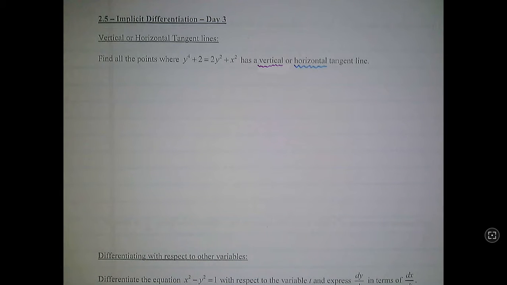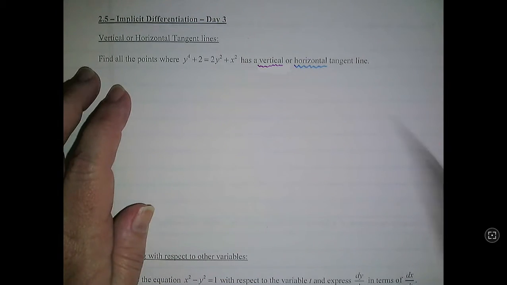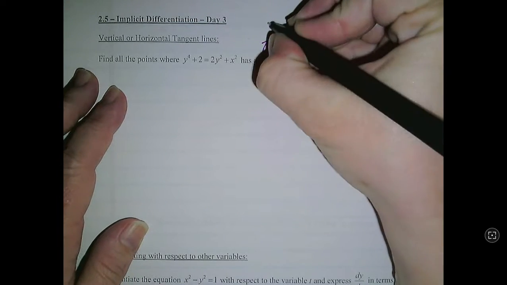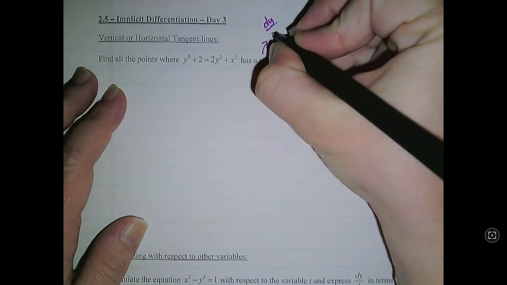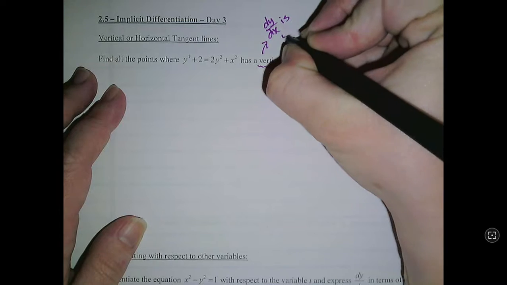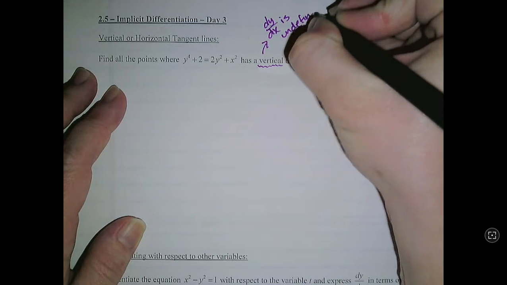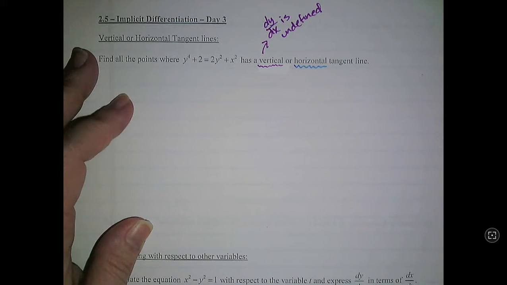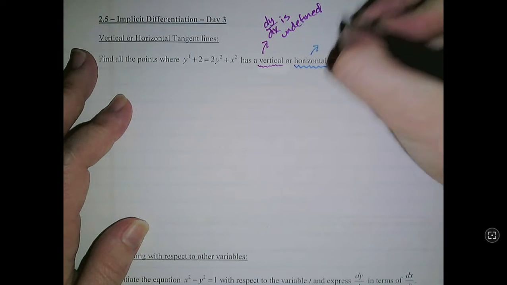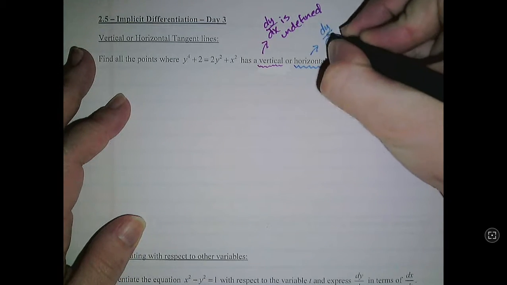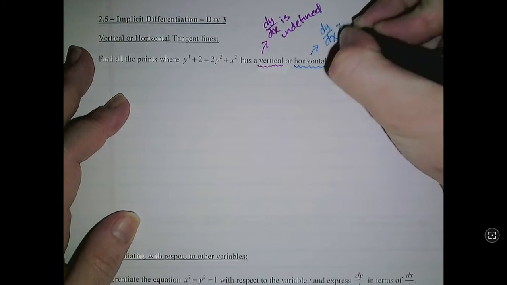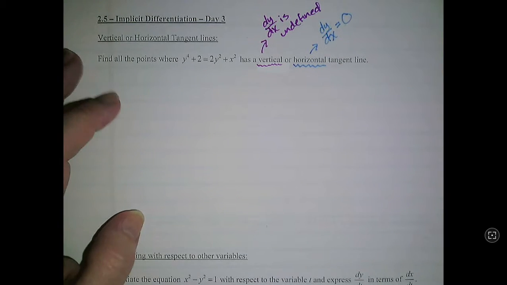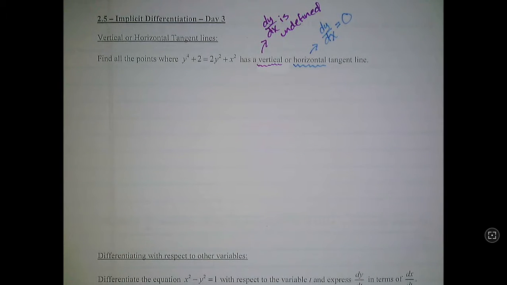So for vertical tangent lines, we're going to be looking for where our derivative dy/dx is undefined. And for horizontal tangent lines, we're going to be looking for where our derivative, our rate of change of y with respect to x, is equal to 0. Which means that to start, we're going to have to figure out what dy/dx is.